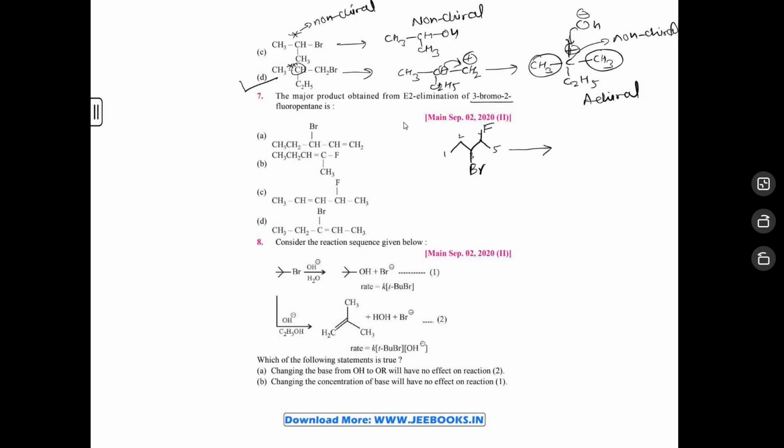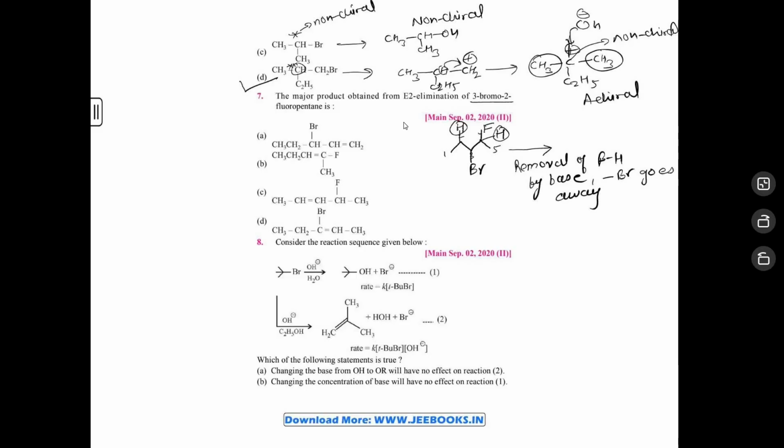Now it is very interesting here, because E2 elimination involves removal of a beta hydrogen by a base, and simultaneously the halide goes away. Now if you see, we have one beta hydrogen here and another beta hydrogen here, so we have two beta hydrogens.